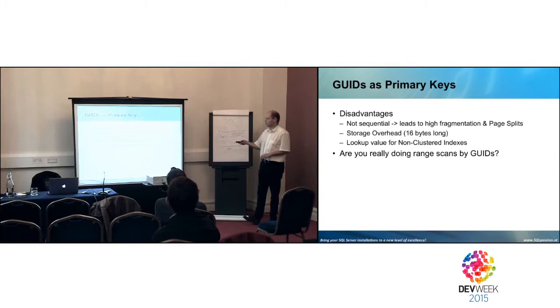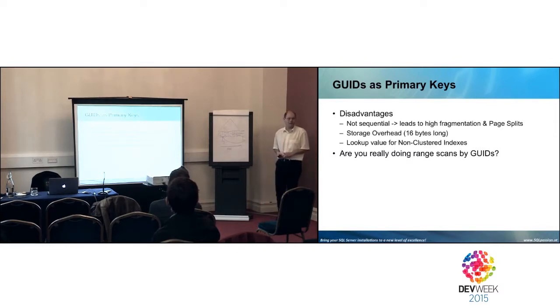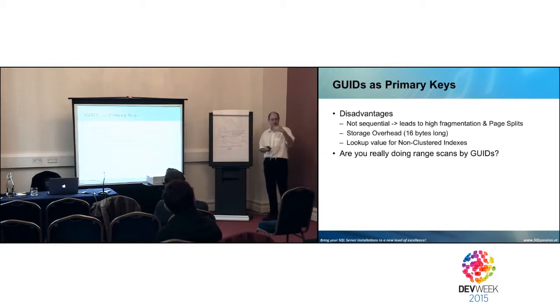I have already talked about the storage overhead. 16 bytes versus 4 bytes when we use an int identity column. That storage overhead is replicated in every non-clustered index, as we have already seen. And normally, you are not scanning your leaf level anymore. Normally, you should also cluster, pre-sort your table data on a column on which you are expecting range scans, where you're searching for a specific range.